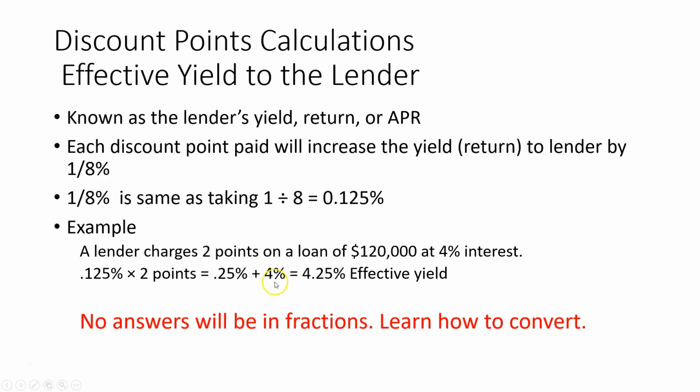Therefore, we add that to the interest rate, and the effective yield to the lender is 4.25%. And just a point here, they won't be asking you any questions in fractions, simply because the computer screen will not show fractions very easily. So you must learn how to convert fractions into decimals.